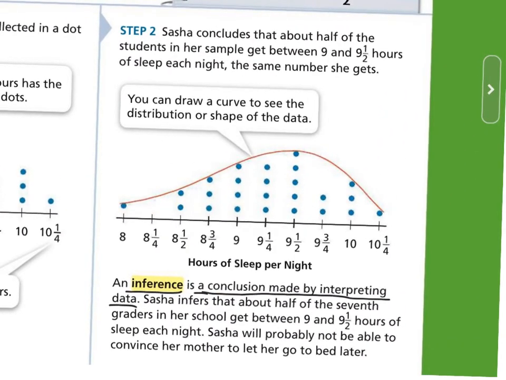Then step 2, the book's drawing a curve here so we can see the shape of this. You can see there are a little bit more dots towards the right side than the left side. So more people are on the high end of getting sleep than the low end. So that's another reason why probably not going to convince any change here.